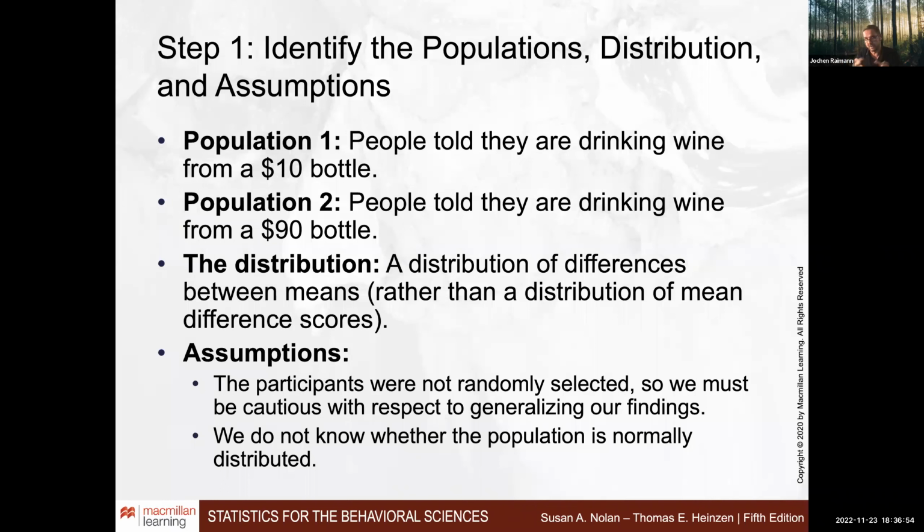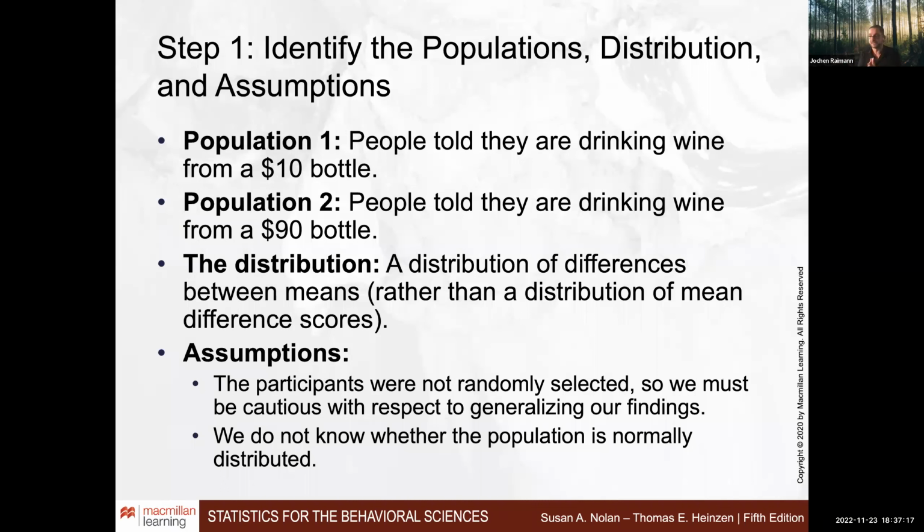That means you may, for some interesting reason, have a group of sommeliers that are being served a $10 bottle of wine, and they will have a more accurate rating of that wine, whereas in the second group that think they're drinking $90 bottles of wine, you basically have non-wine connoisseurs that don't know much about wine and they're just so impressed by the price.